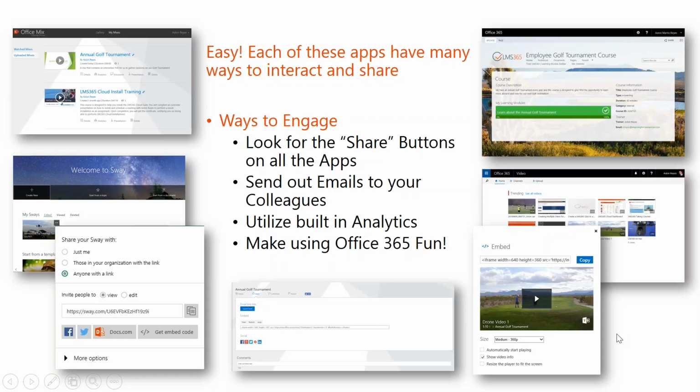All we have to do is, oh, sorry, skipped ahead too fast. Basically, it's really easy to use these apps and have everyone interact and share with them. So various ways that you can drive utilization and usage of your apps is to look for the share buttons. All the apps that we saw today have their form of the share button, and they all have a variety of ways to share.